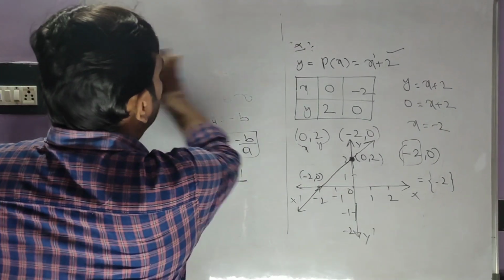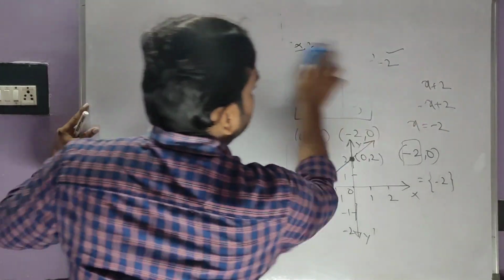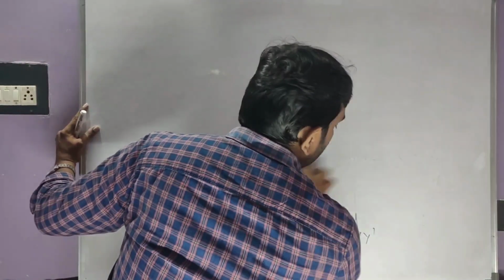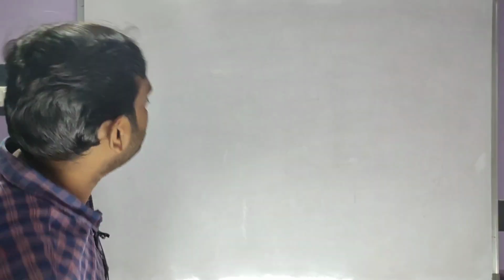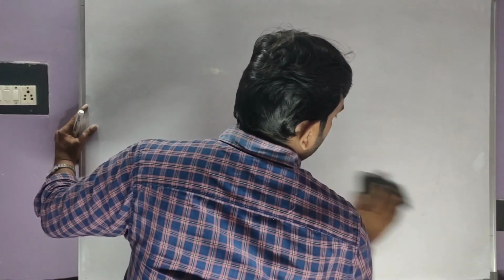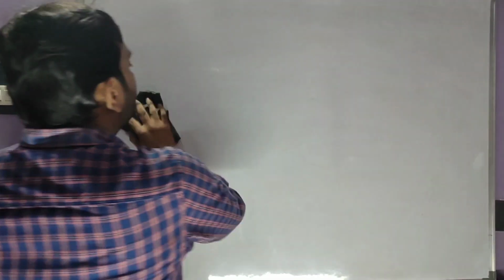Now coming to the quadratic polynomial. The general form of the quadratic polynomial is ax² + bx + c, where a is not equal to 0.